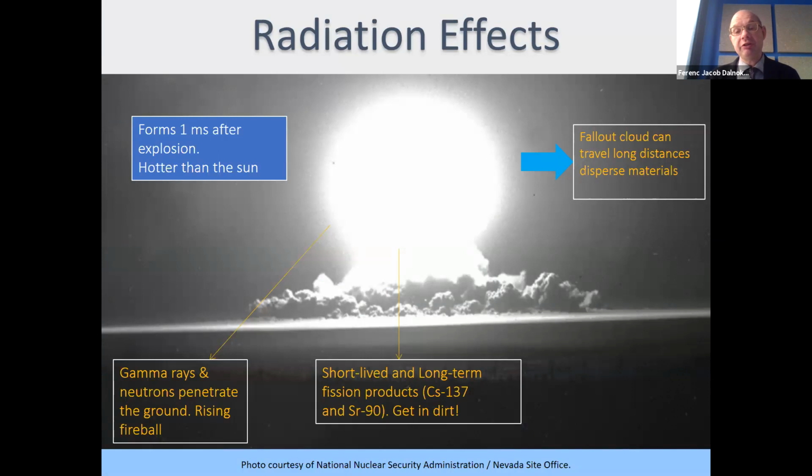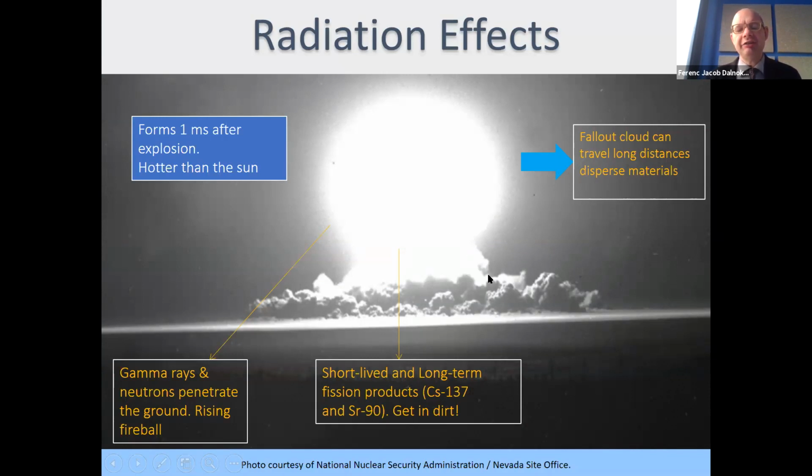So what happens is, for example, something like an airburst that you see here. If you happen to be underneath the airburst, then as I mentioned before, you'll die because of the blast wave effect.